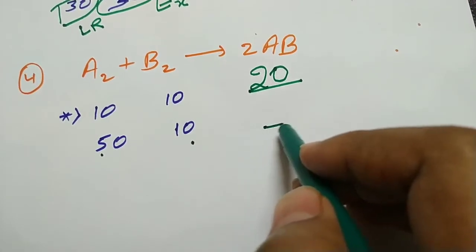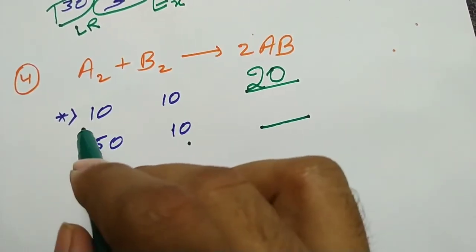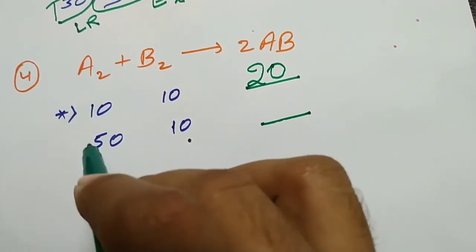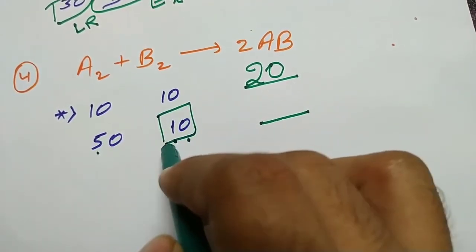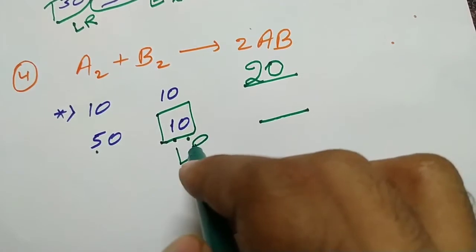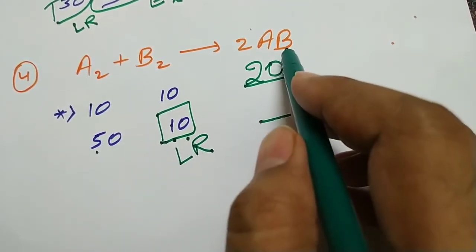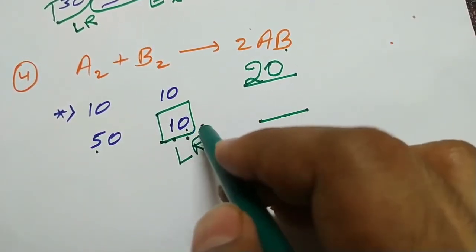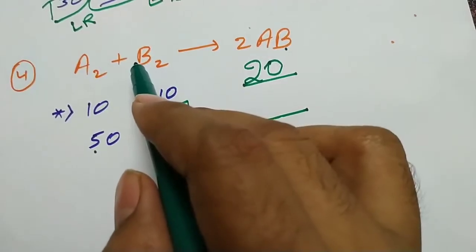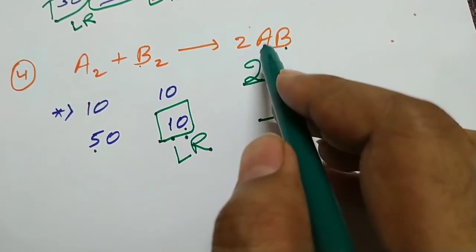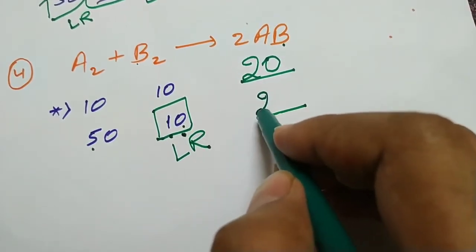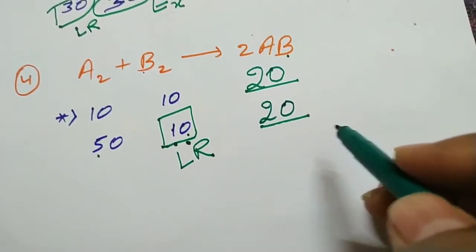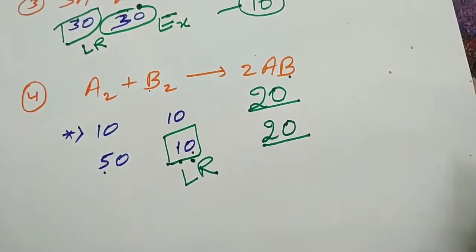How many moles are forming? A is 50 moles, so B is also required 50 moles, but B is only 10. So the product depends on the limiting reagent. 1 mole of B means AB is forming double. Here 10 moles means obviously double, that is 20 moles forming. So these are the limiting reagent.